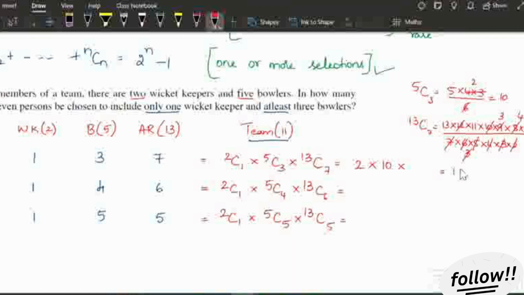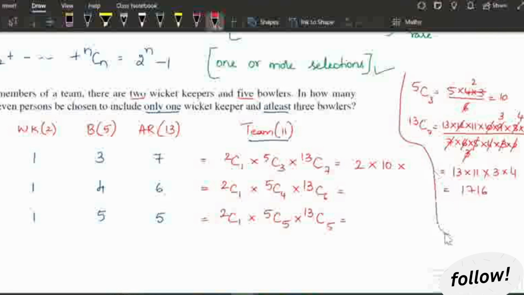So what do I have? 13, 11, and then 3 and 4. That's it. So what is the value? This is 13 into 11 into 12, which gives you 1716.